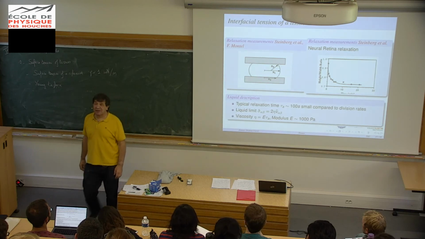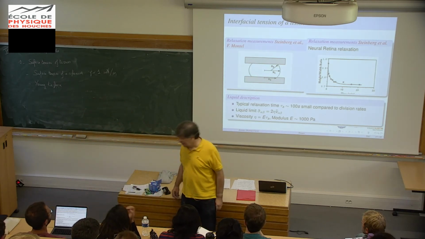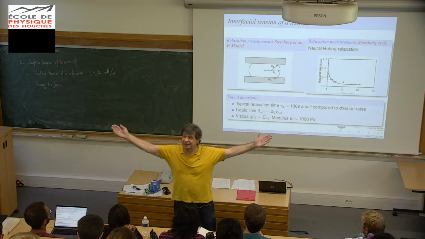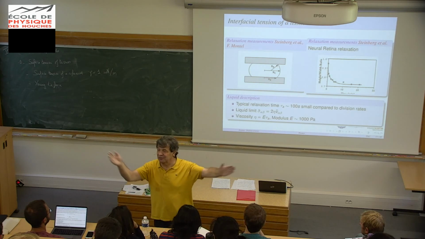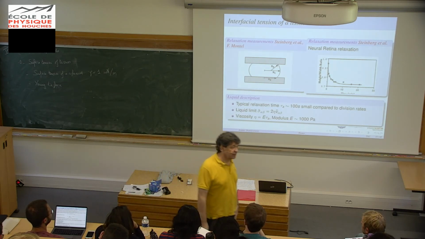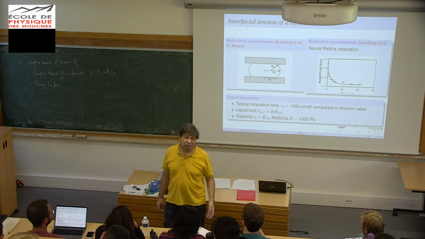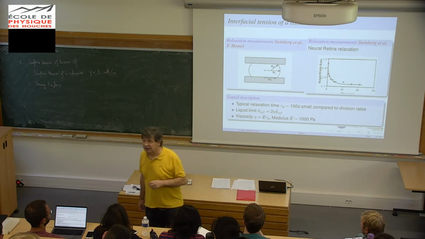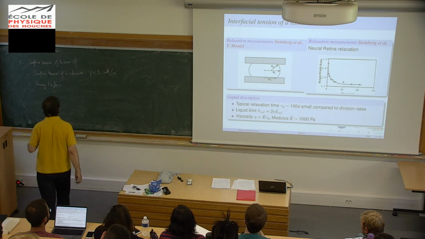The way they were describing surface tension is they were saying there are attractions between molecules, and if you take a material, you cut it into two pieces, you break the links of the attraction that the molecules on one side had with the molecules on the other side. And if you know the interaction potential, you can calculate the surface tension out of that, and the order of magnitude is okay. Not for water because the interaction is complicated.